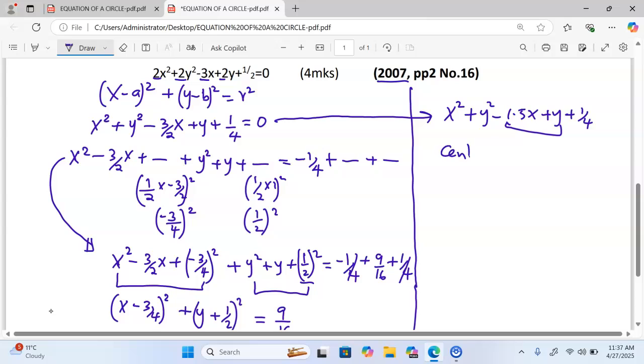So for us to get the center, we simply use x and y. So the center generally is given by, you take the coefficient of x, which is 1.5 negative, you divide by 2, you get 0.75 negative, you change the sign, you get positive 0.75. Then the coefficient of y, which is 1, you divide by 2, you get positive 0.5, you change the sign, you get 0.5 negative.